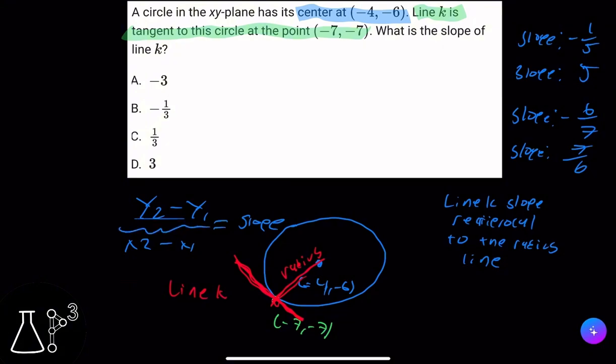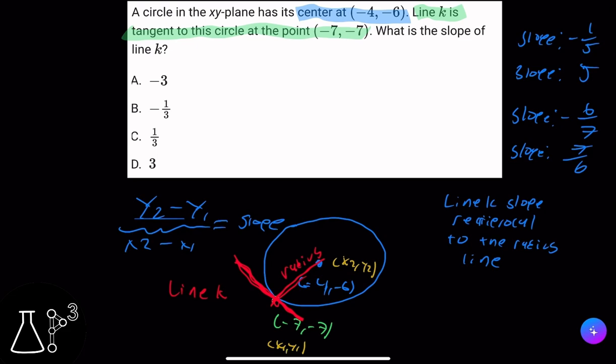Okay, so I'm given (-7, -7) and (-4, -6). As we can see, -4 is greater than -7, and -6 is greater than -7. So therefore, -4 and -6 are my x2 and y2 values, while the -7s are my x1 and y1 values.